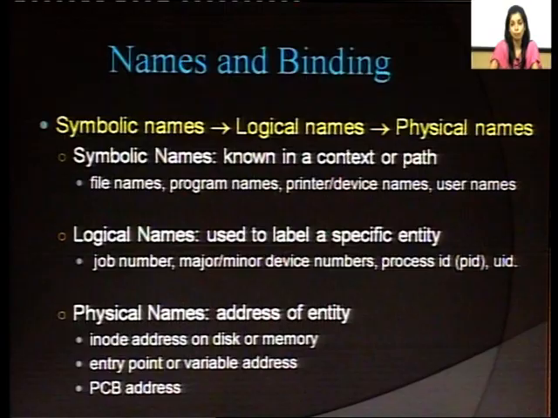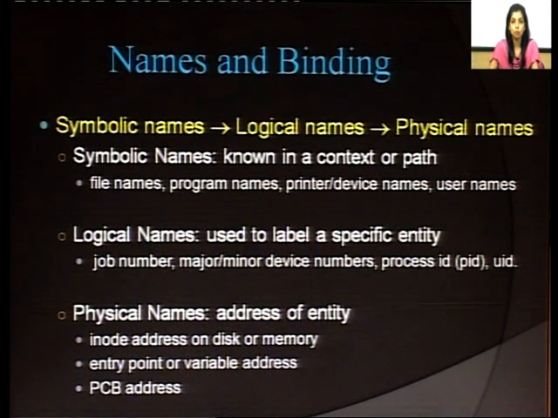Now naming and binding: how do we relocate the address in main memory? Firstly, we convert the symbolic name into a logical name, then that logical name is converted into a physical name. A symbolic name is like the name of a student, and a logical name is like the student's class roll number.